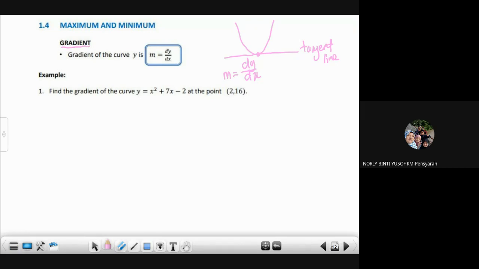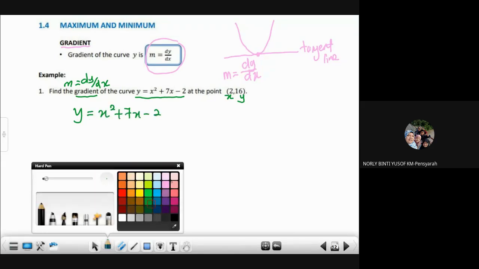So you kena tahulah gradient of the curve is actually your first order tu adalah kecerunan. Gradient is kecerunan M. Okay, and then for the question, find the gradient. Gradient, that means gradient dah tahulah dy dx itu M. For the curve, so dia ada bagi curve iaitu quadratic at the point of x dengan y given iaitu x2, y16. So you nak cari gradient is you have to differentiate lah the equation of the quadratic ataupun of the polynomial.